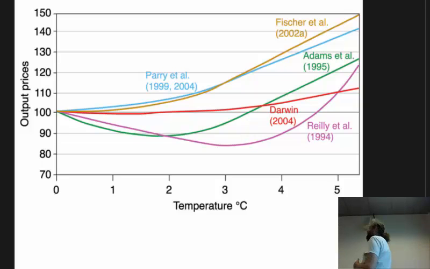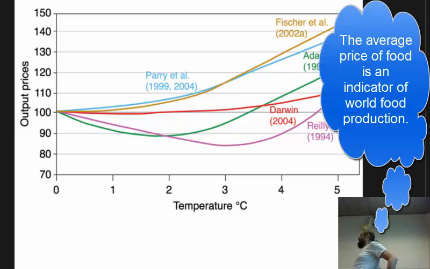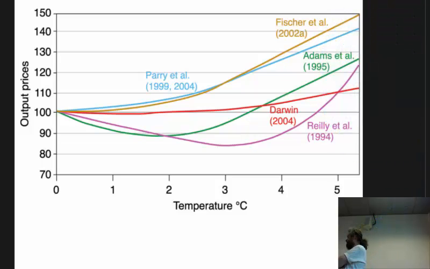Now, if you include all these things and you use a model like this, you can actually look at somewhat of a super indicator of what is actually going on with agriculture. And what we're looking at here is the retail price of food, that's the consumer basket, as a function of the global mean surface air temperature.